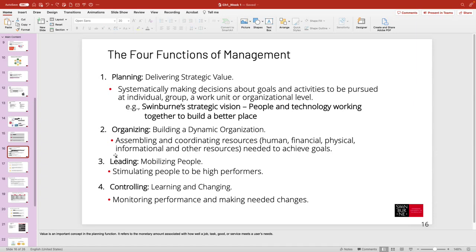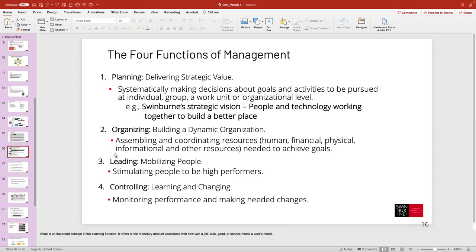It could be your organizational vision or an individual level KPI. And they try to see what strategies the organization can use to achieve these goals, right? So setting organizational goals, objectives, and then seeing how we are going to achieve these things, what strategies we are going to use. That is planning. The whole objective is to deliver strategic value.